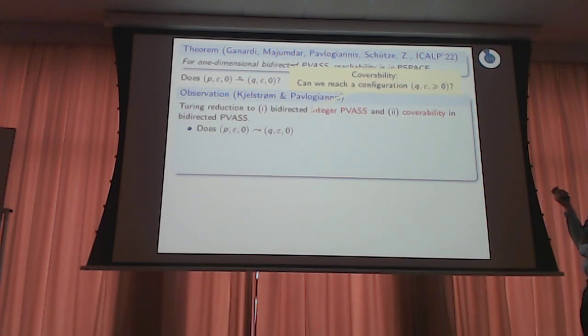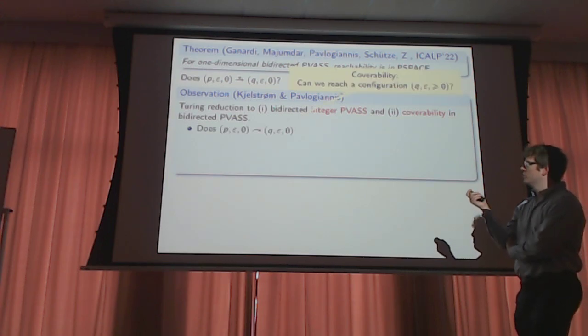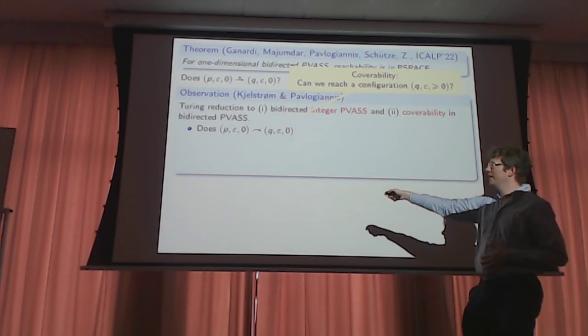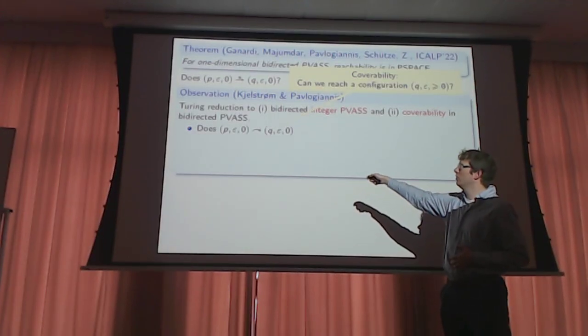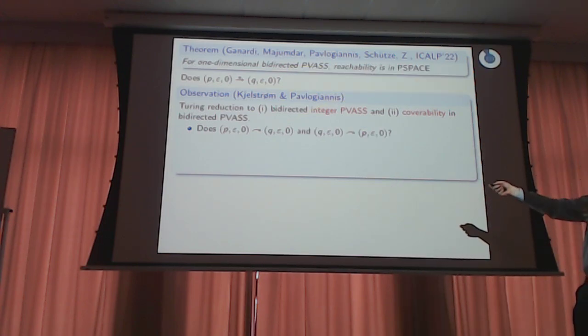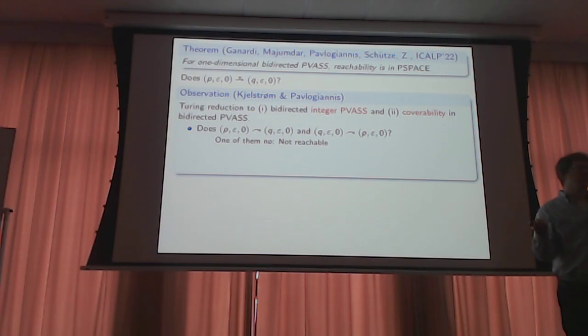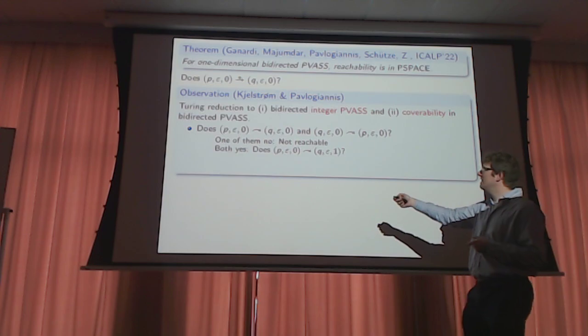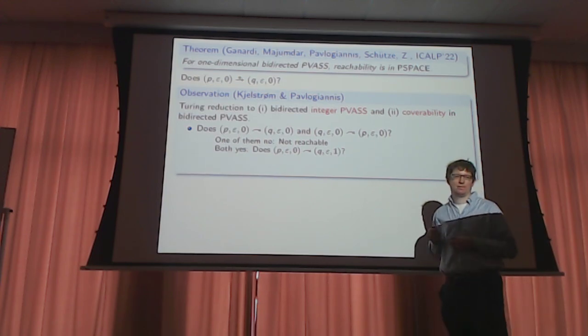And the reduction is as follows. Suppose you have algorithms for these two. Then first you check, can you cover Q0 from P0? And also the other way around. If the answer is no to at least one of them, then of course the answer for reachability is also no. But if the answer is yes to both of them, then you check if you can even cover one.